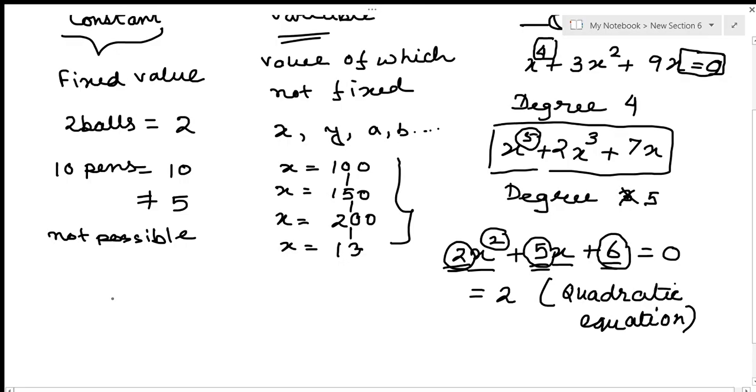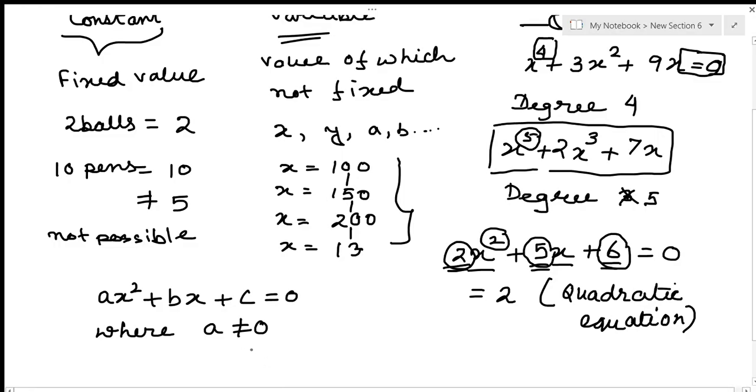So if any particular equation we can write in the form of ax square plus bx plus c equals to 0, where a cannot be 0, we can call it a quadratic equation.